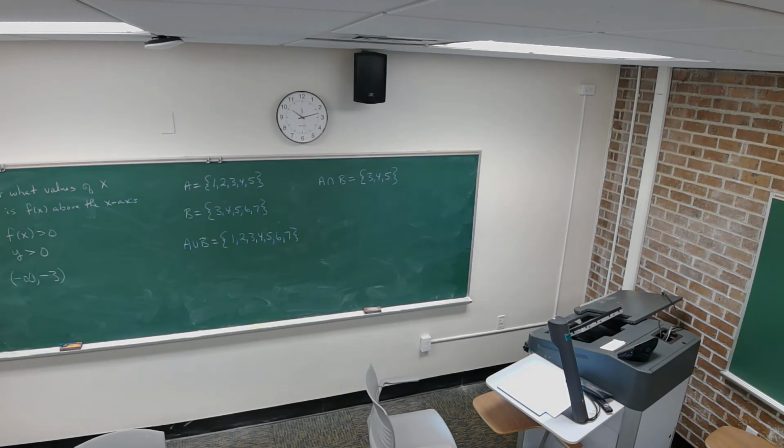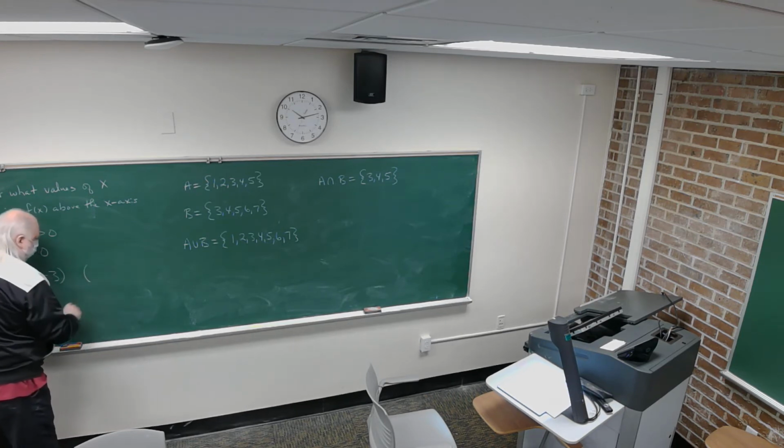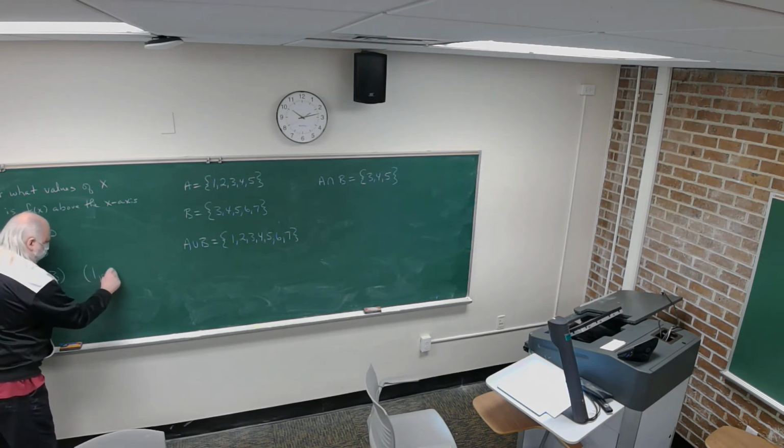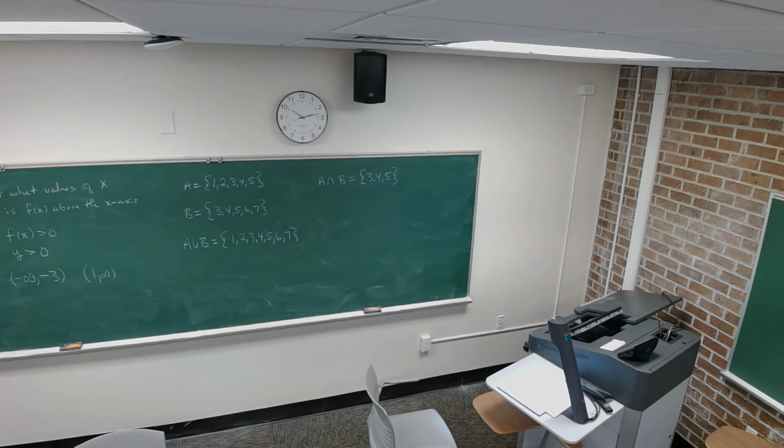So for x greater than 1, we write that in interval notation, left parenthesis, 1, comma, infinity. Okay? And remember, these are values of x. These are the x coordinates that we're interested in. Okay? And so we have two intervals of numbers where the function values are greater than 0. The y coordinates are positive, okay? Greater than 0.